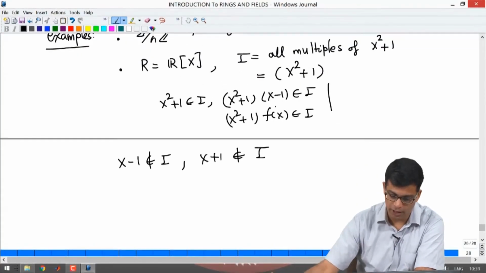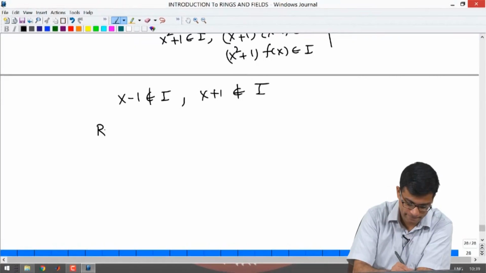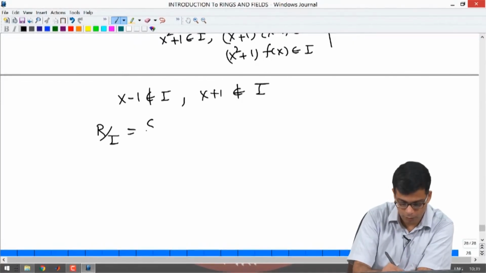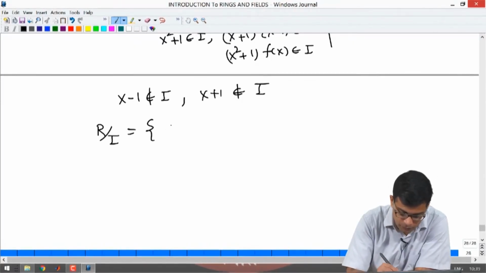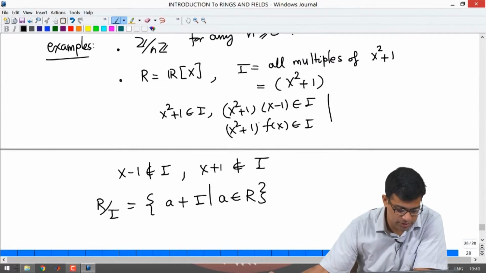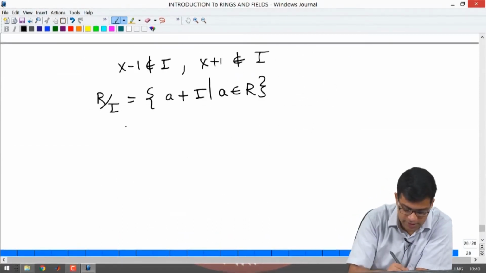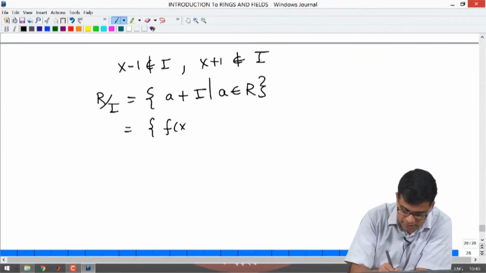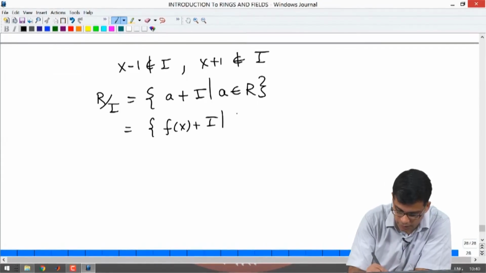So, R mod I is by definition elements of R plus I. In our case, R is the polynomial ring, so I will write this as f(x) plus I, where f(x) is in the polynomial ring.